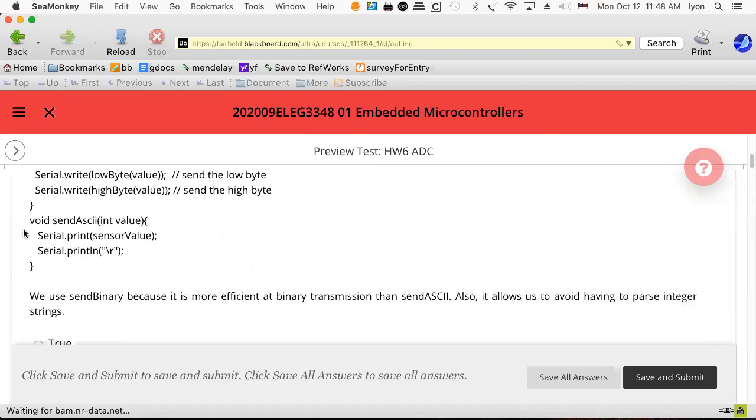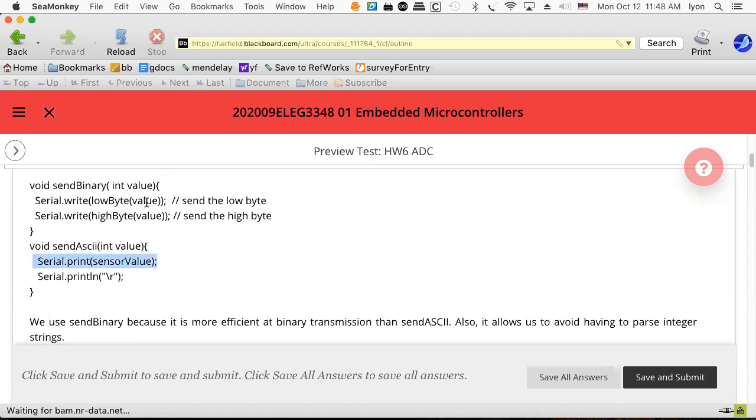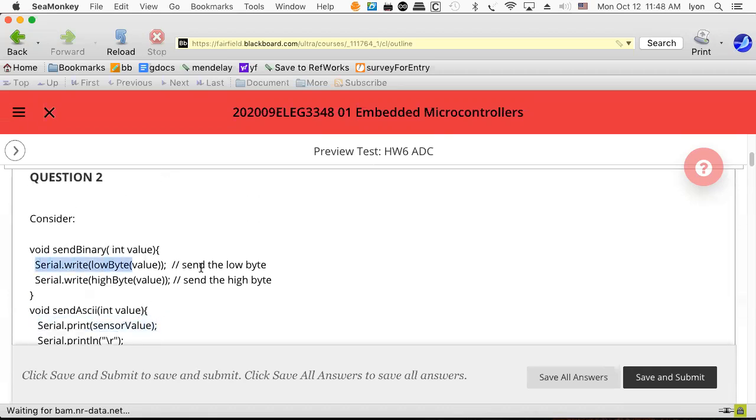This is how we send ASCII to the serial port. And this is how we send the numeric values out to the serial port in binary. So that's an interesting point, right? Because, well, binary is a more efficient way to do transmission over a serial line. So if we're wanting to send values as binary, breaking them up into the low and high bytes might make sense, especially if we know we only need 2 bytes.